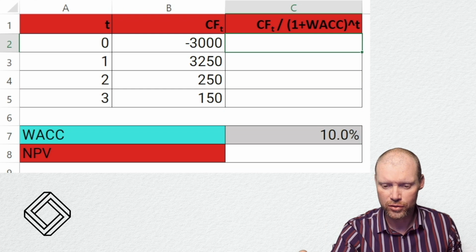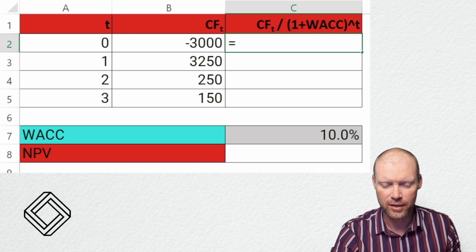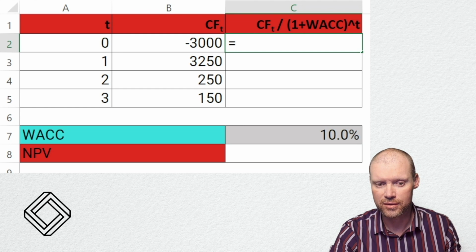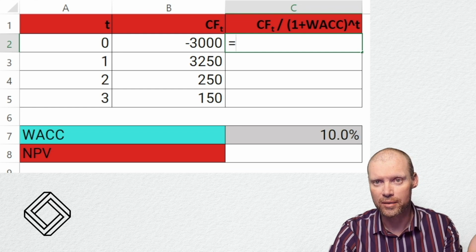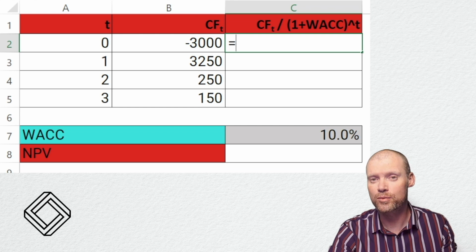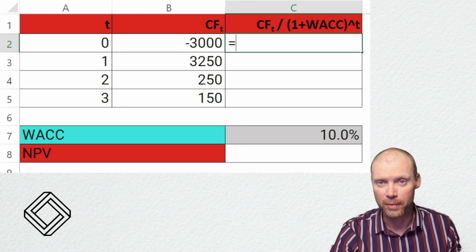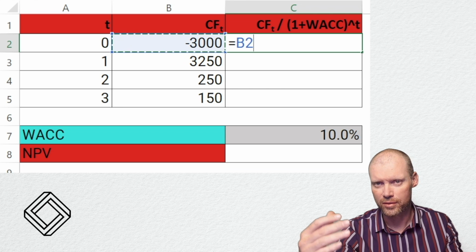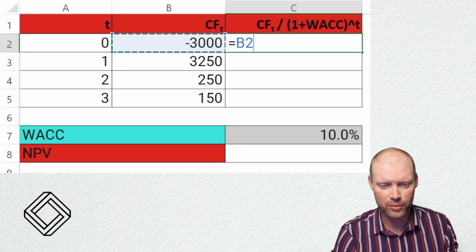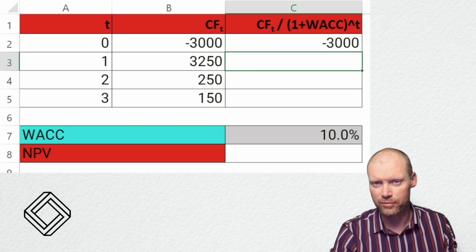Now, let's do the actual discounting. We know when we discount minus 3,000 to the power 0, this will actually evaluate to minus 3,000. So we're not going to do the long formula here. We don't need to do that. We'll just, for now, put it in as minus 3,000.